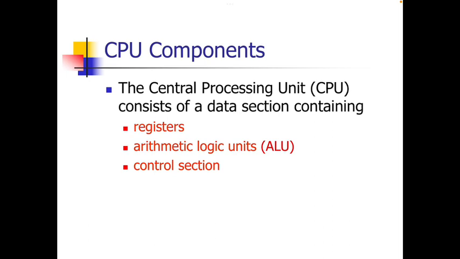When we want to discuss CPU components, or processor components, you need to understand these three things. The first one is registers, and then we have the ALU, the arithmetic logic unit. In easy words, it is the unit for mathematical calculation.